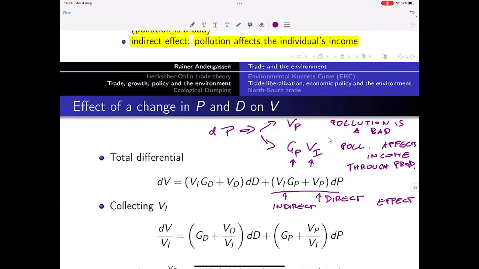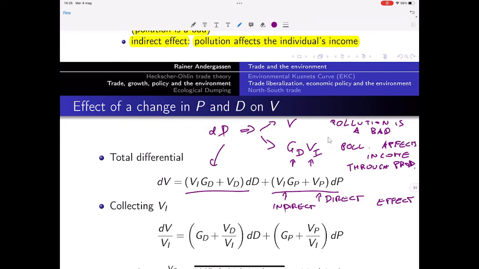Sorry, P here is not pollution, it's price. I should have written D instead of P here.